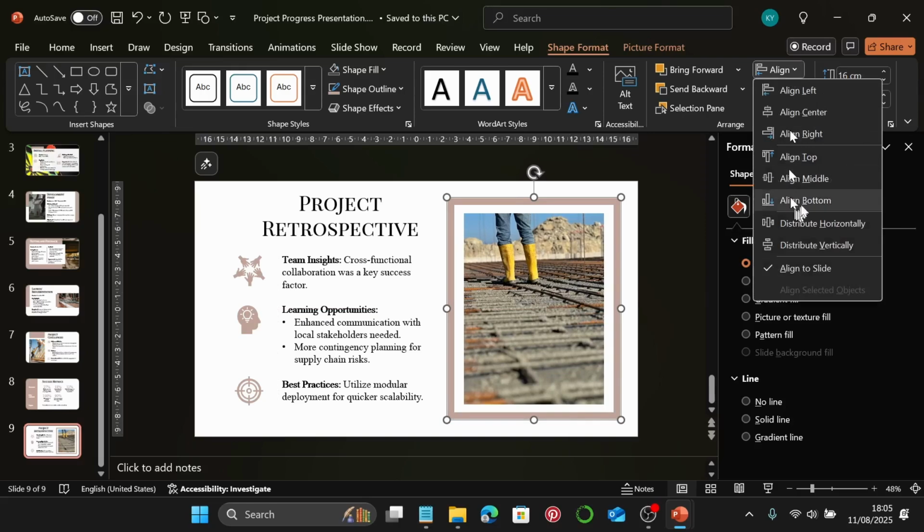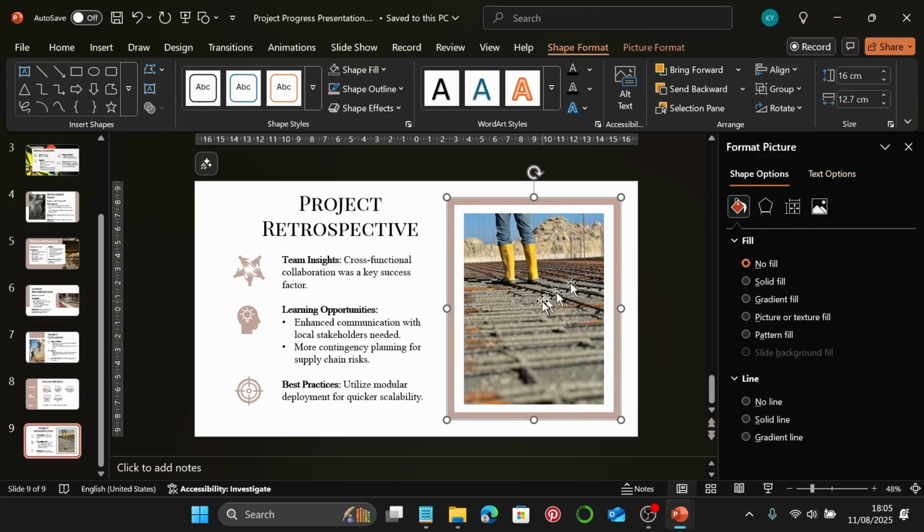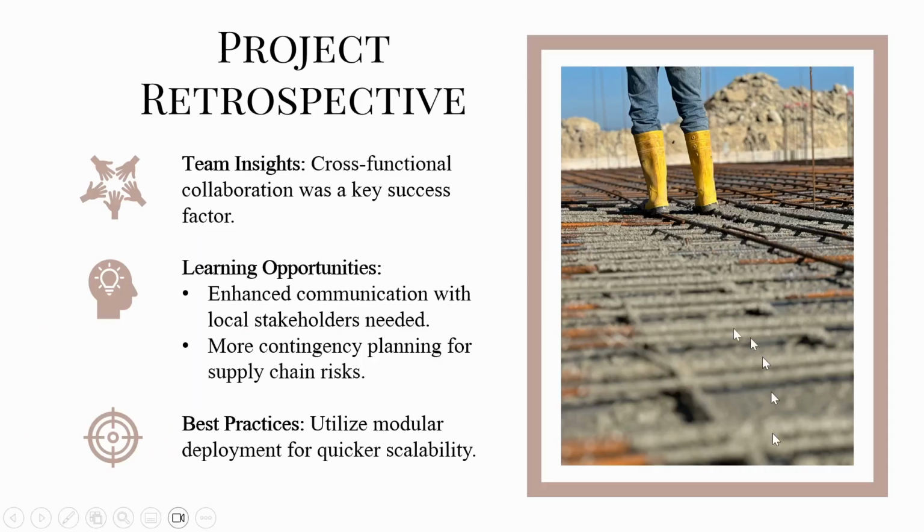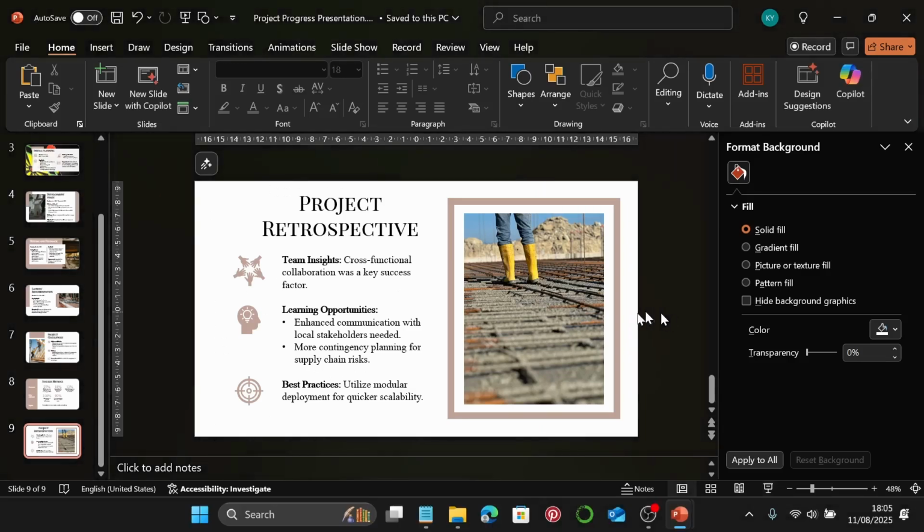And yeah, that looks fine, and we are done with this presentation. Let's see it briefly in the slideshow, and yeah, this is what we have. We're done with our project retrospective slide.